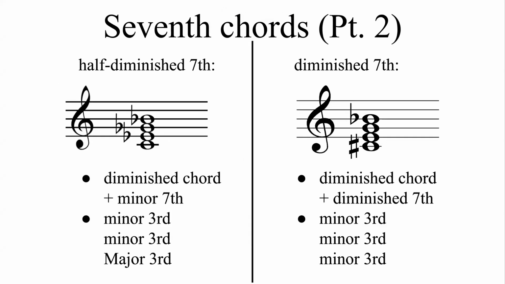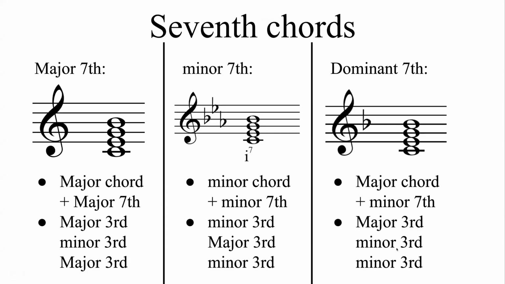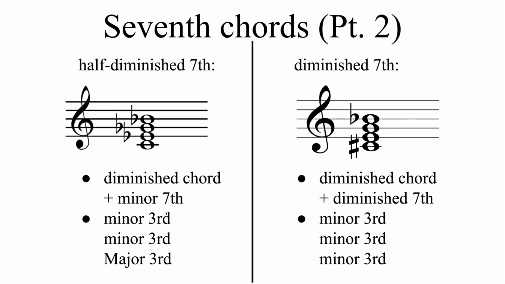Okay. So now we have half diminished and diminished. As you can see here, we have the dominant seventh, and that's major at the bottom, and then minor and then minor. But this one is going to be a minor at the bottom and then another minor and major at the top.